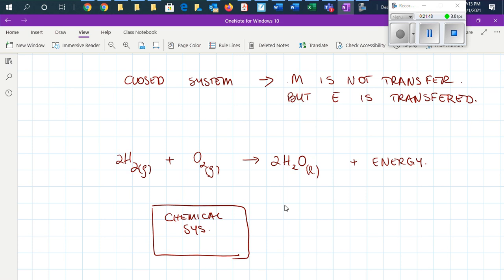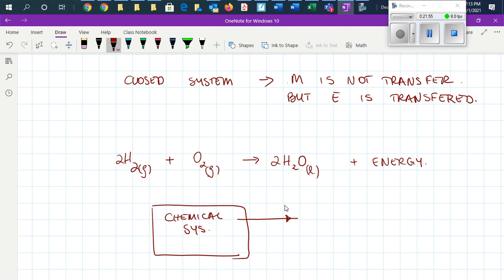If the energy is going to the surrounding, so the energy is moving from the chemical system to the surrounding, what will happen?